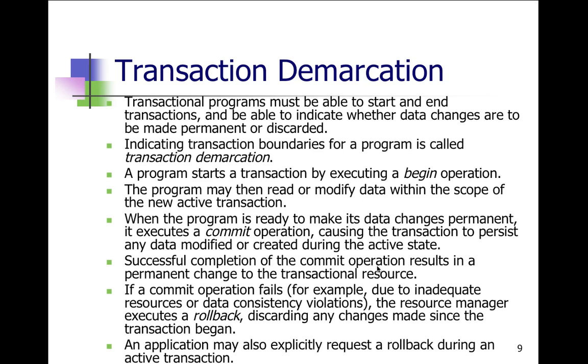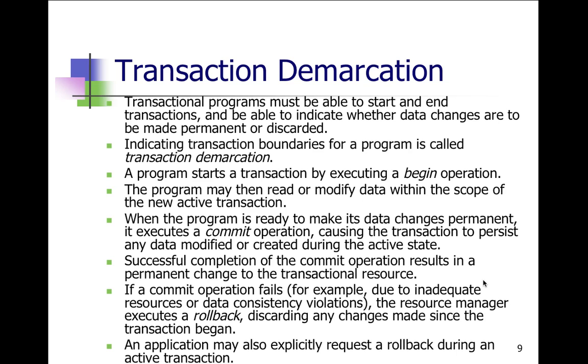The program then reads and modifies data within the scope of the new active transaction that's occurring. And then when the program is ready to make the changes permanent, it executes a commit operation. This would be from the database perspective, JDBC, causing the transaction to persist and any modified data created during the active state to be saved.